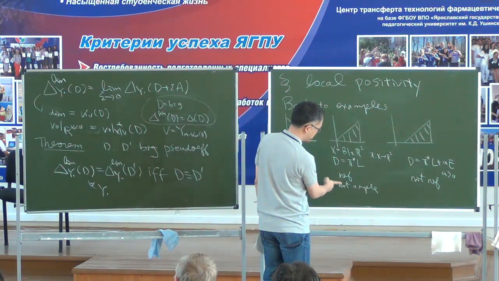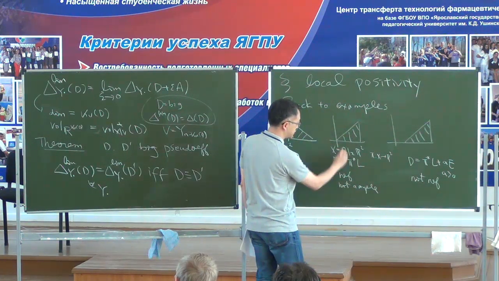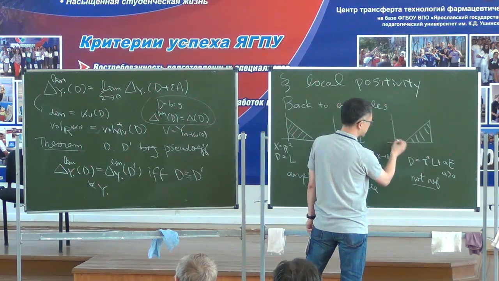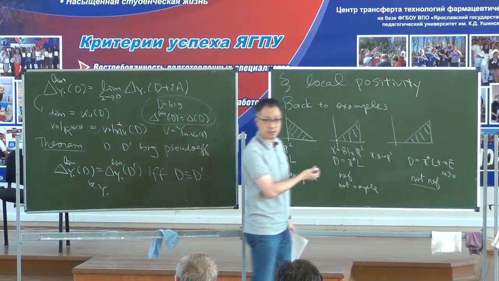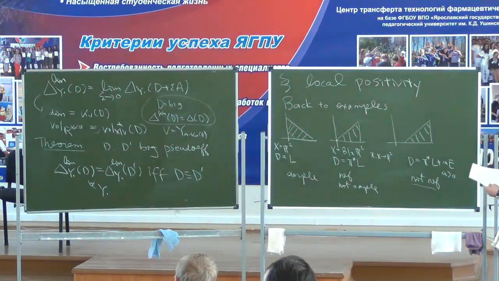If it's not ample, then it only contains the origin. And if it's not nef, it doesn't even contain the origin. So we will make this observation more precise today. This is what we will do first.